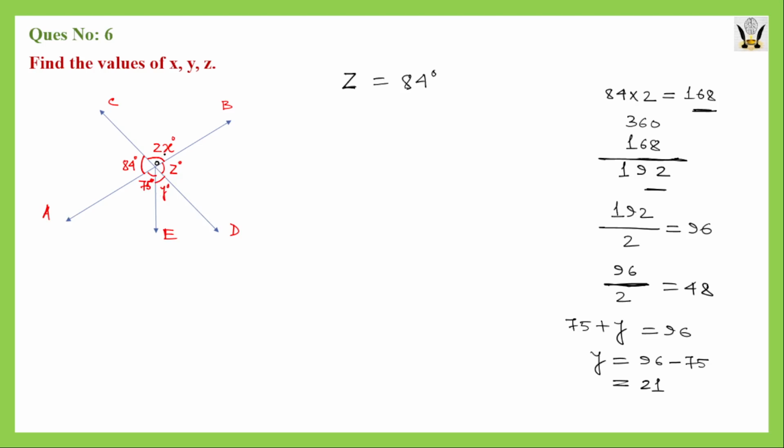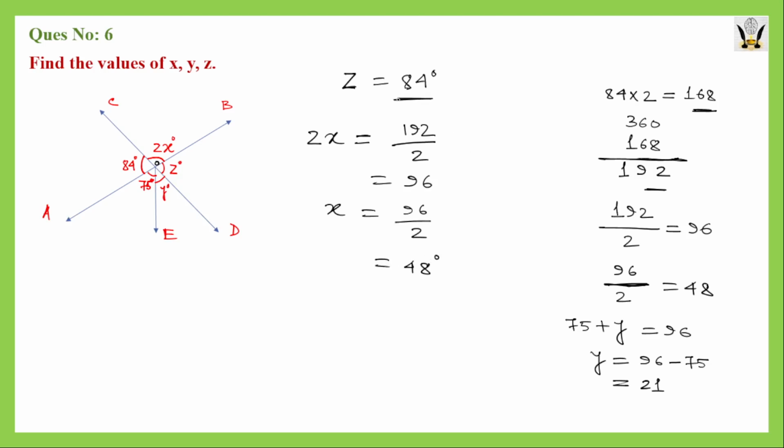So 2x will be half of that value, 192 divided by 2, and that value will be 96. And from here the value of x will be 96 divided by 2, and that will be 48 degrees.